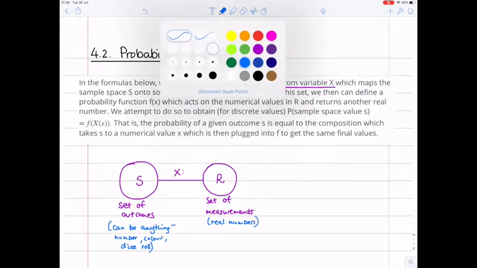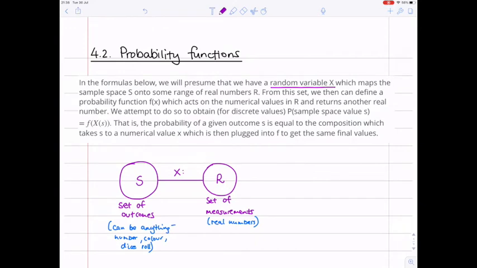And then the next thing that we're going to do is, from our set of measurements, we're going to define a probability function which tells us how likely it was that we got that measurement. So we're going to take a measurement and define a function that's going to give us a probability.